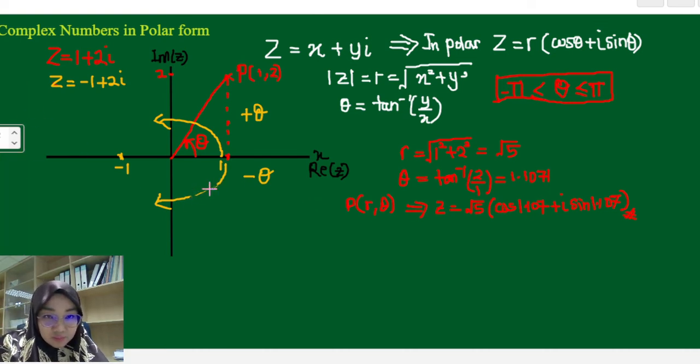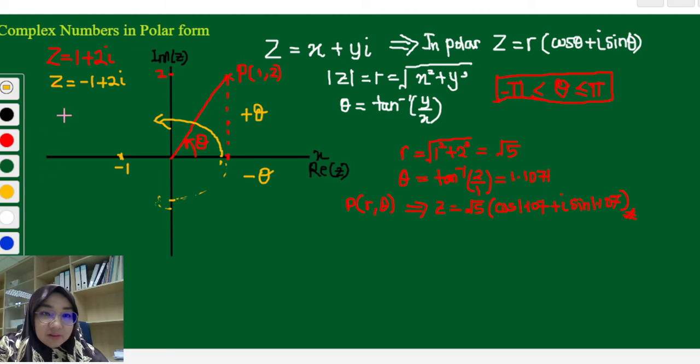Okay, padam dulu ni. So, what would be the projection of the vector? So, the projection of the vector ataupun line tadi kat sini lah. Somewhere here lah. Okay, 1 dengan 2. Alright.